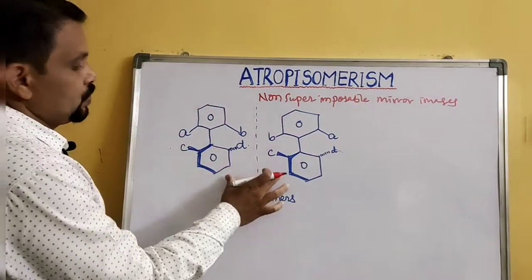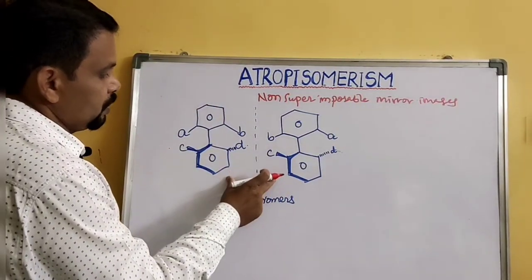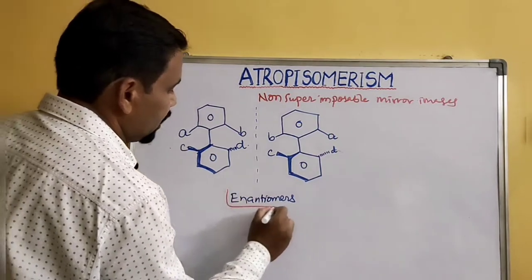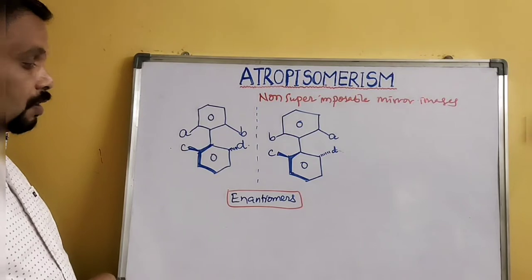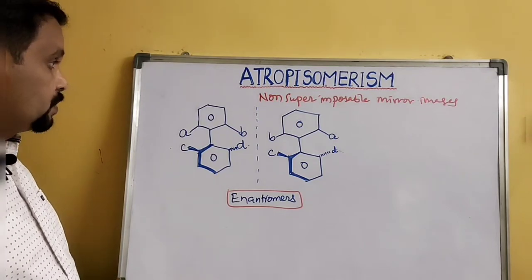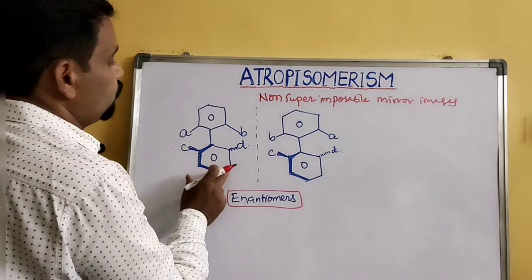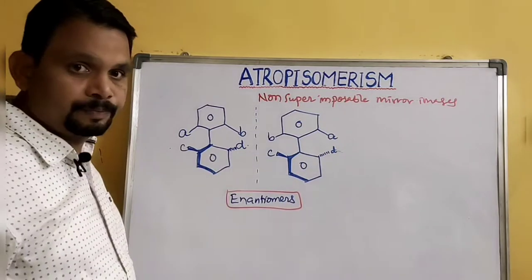Therefore these two compounds are stereoisomers called enantiomers. These two conformers are called enantiomers because they are non-superimposable mirror images.